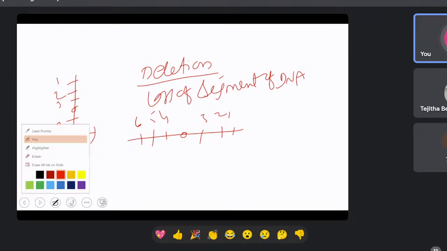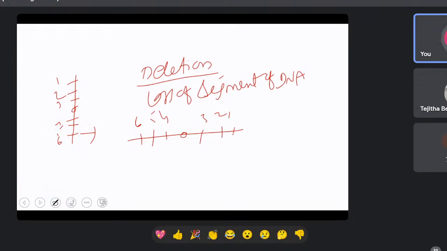Due to some abnormality, the first two genes, so the segment of the DNA containing the first two genes got deleted.